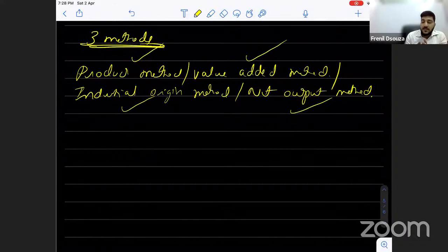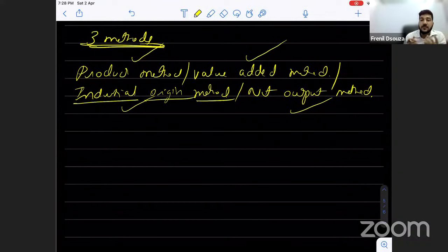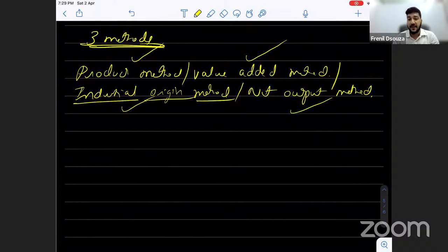Because tomorrow in the examination, if they say industrial origin method, you shouldn't be surprised. Although if you look at the data given, you will understand that it is the product method. But for a faint-hearted person, industrial origin method sounds something different. And he will say that no, I studied only three methods: product method, income method, expenditure method, and I don't know this, right? And that negativity will take away all the good things that you had in your mind that day, right?